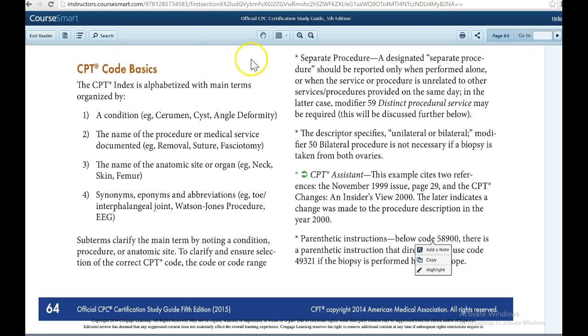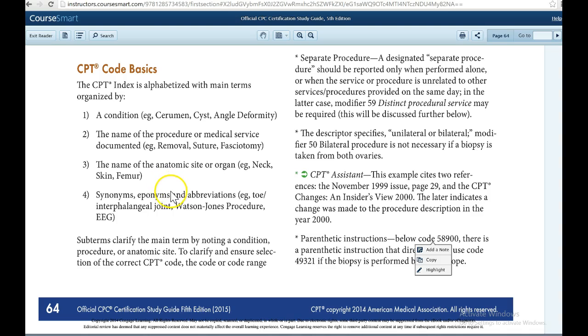Okay, some CPT code basics. Now, the CPT index is alphabetized by the main terms organized by either the condition, such as cerumen, cyst, angle deformity; the name of the procedure or medical services documented, such as a removal, a suture, or a fasciotomy; or the name of the anatomic site of the organ, such as the neck, the skin, or the femur.